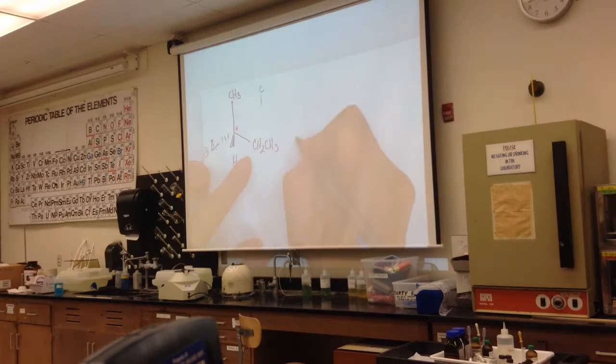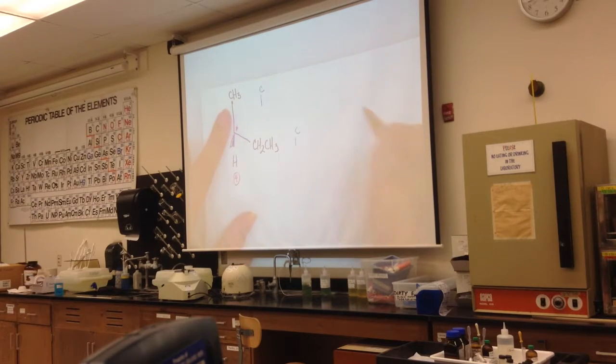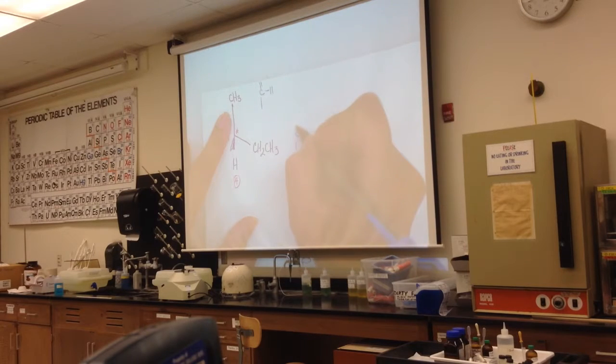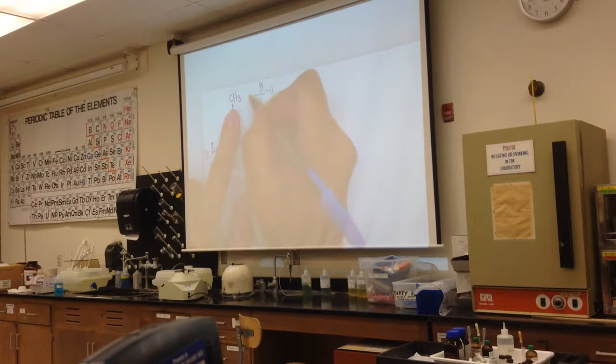But this carbon has 1, 2, and this carbon has 1, 2 hydrogens. Is everybody so far the same? So far they're the same? There's 3 hydrogens. When I go to the next attachment, you have a 3rd hydrogen and you have a carbon.